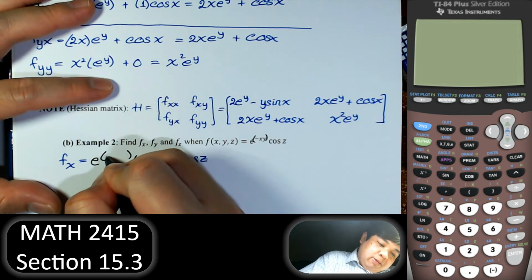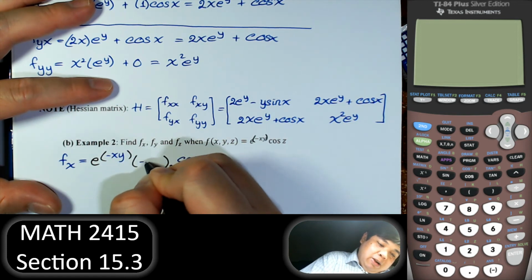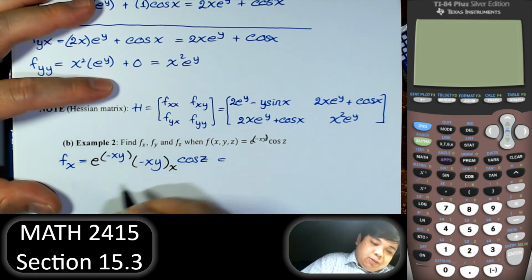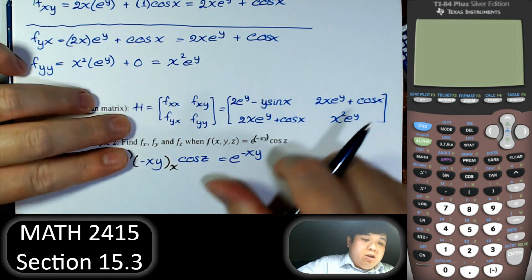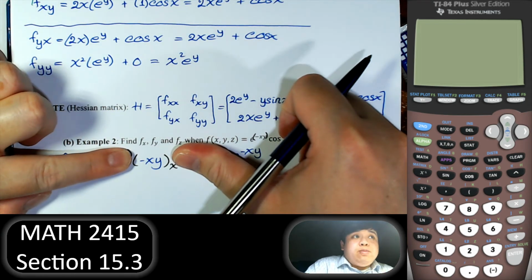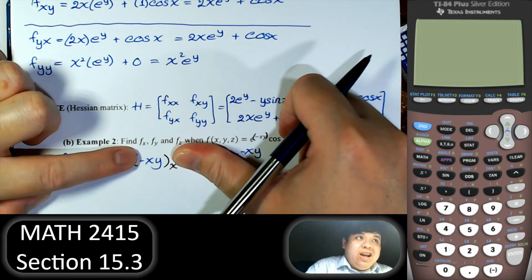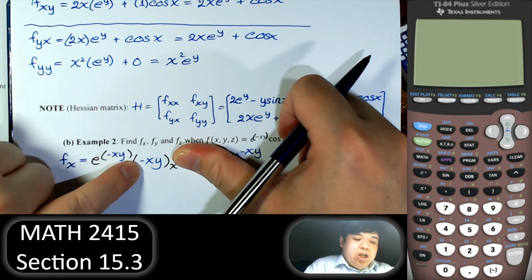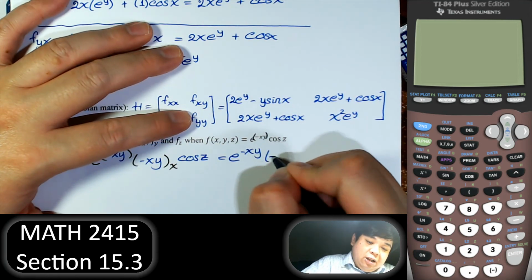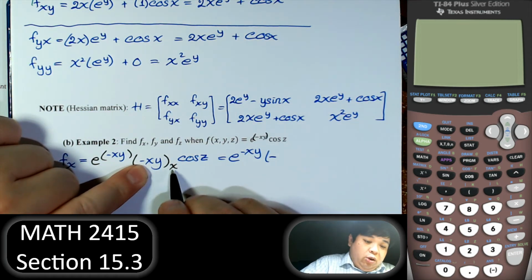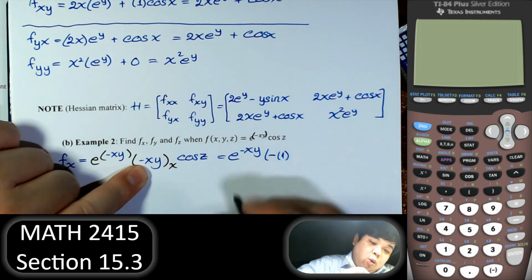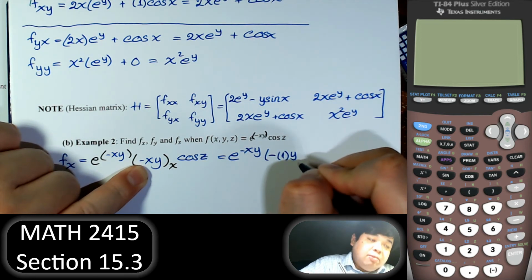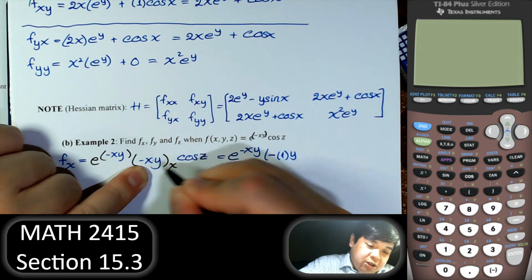So we have e to negative xy. Now we focus on the derivative. With respect to x, y is the constant. The negative is a constant multiplier, so the negative will stay there. The derivative with respect to x of x is 1. And y is a constant multiplier, so it stays there.